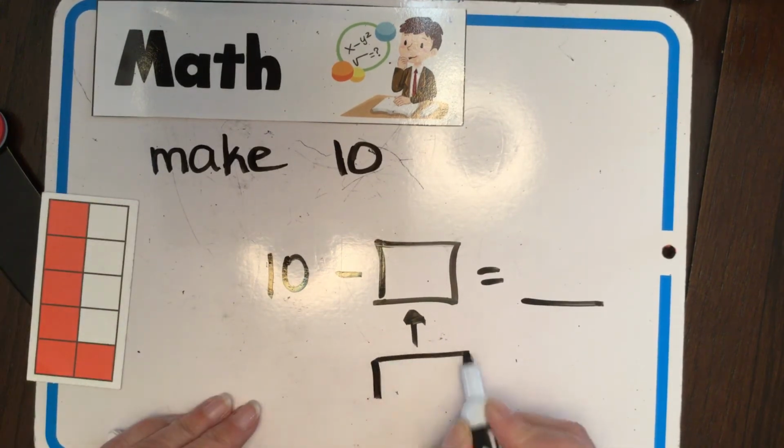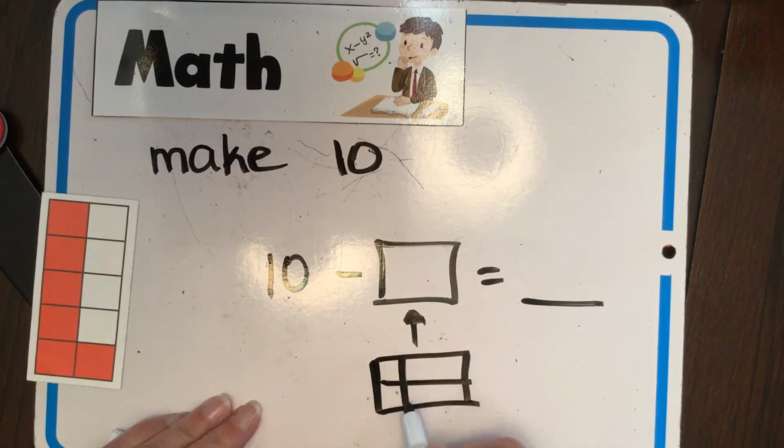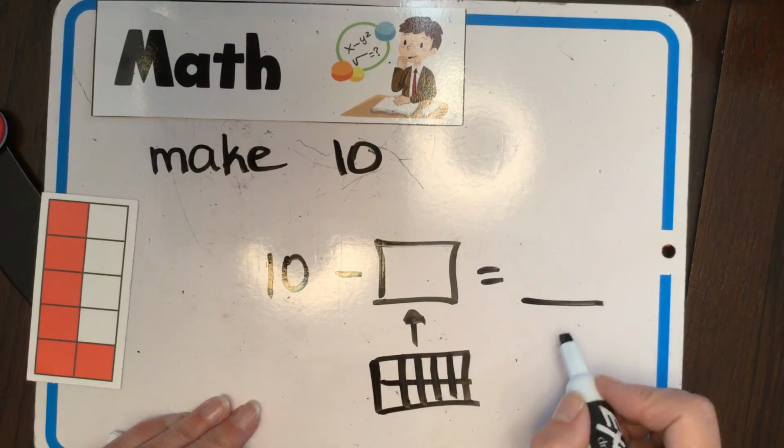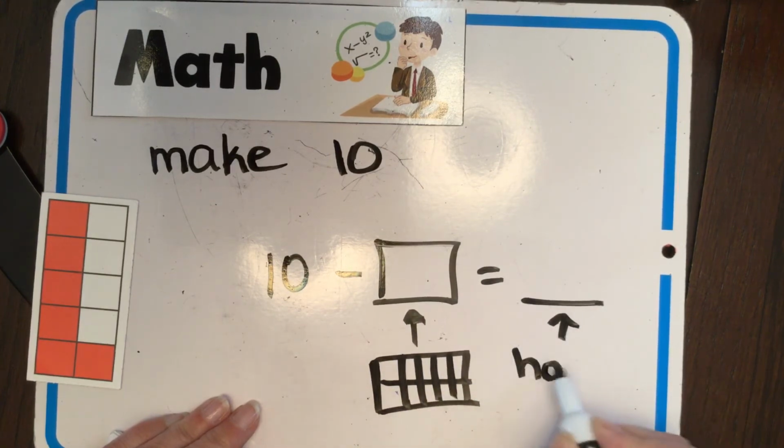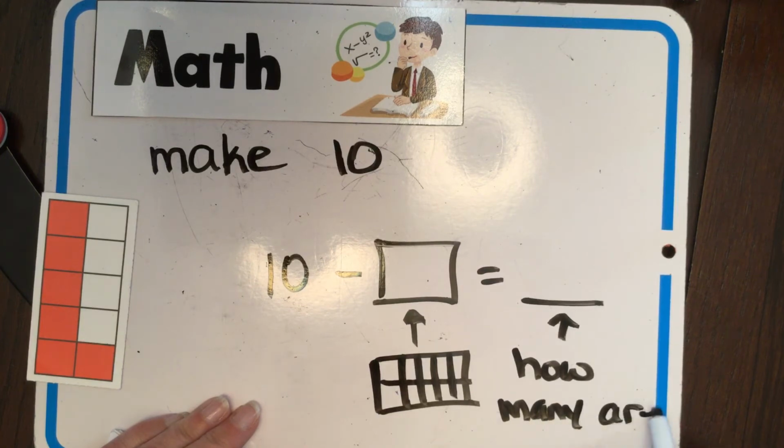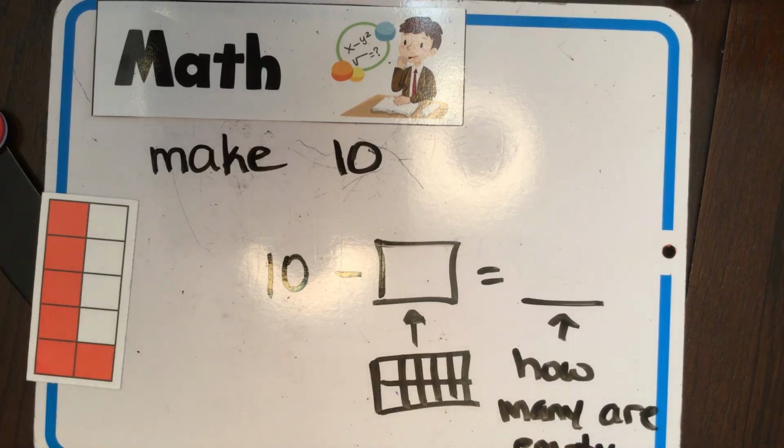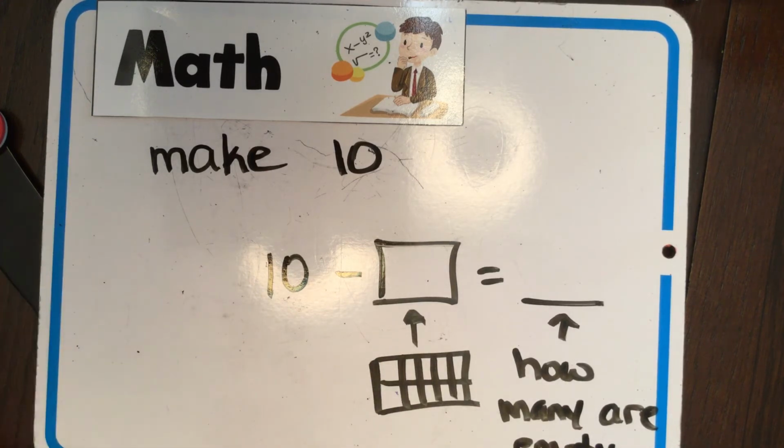So that's the 10 frame that you would imagine. And then this is how many are empty. How many are empty? You might remember we played that game on the smartboard all the time. How many are empty? So let's go quickly through this strategy using making 10 in a subtraction problem.